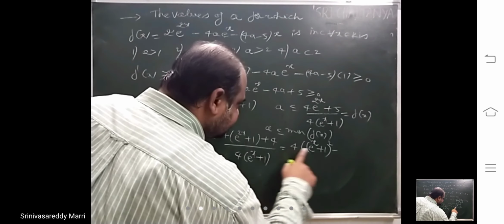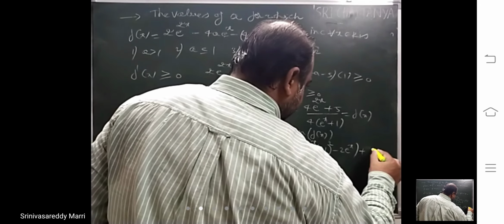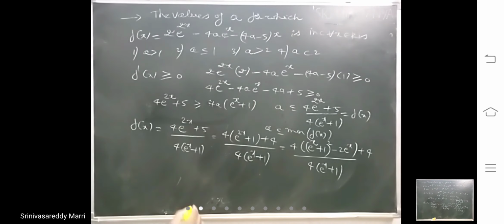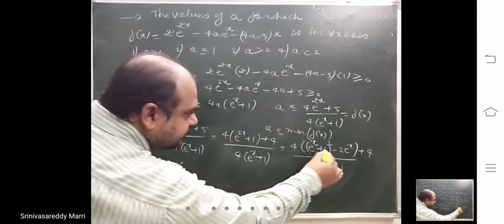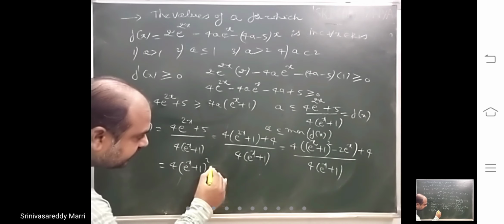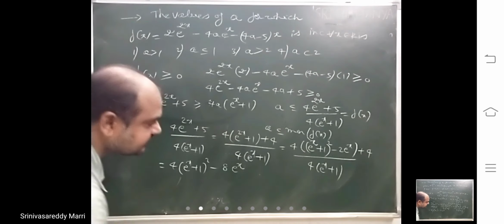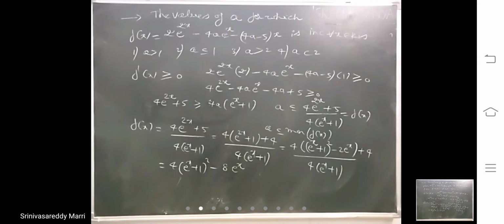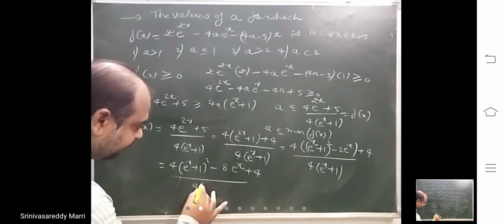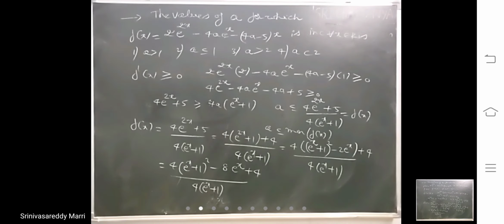A square is e power 2x, B square minus 2 e power x plus 4 divided by 4 into e power x plus 1. Right? So 4 into this is what? e power x plus 1 whole square minus 8 e power x plus 4 divided by 4 into e power x plus 1.